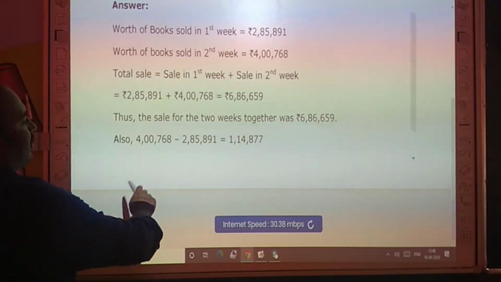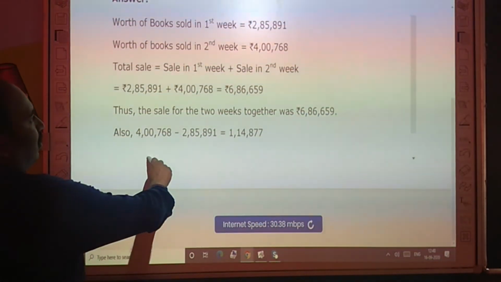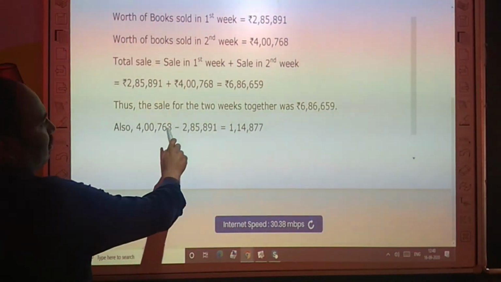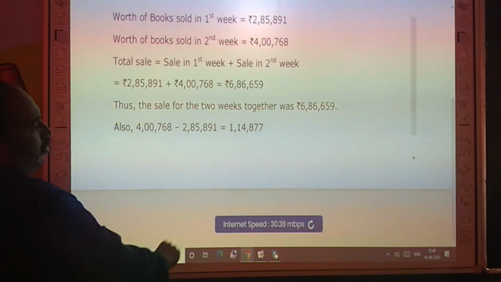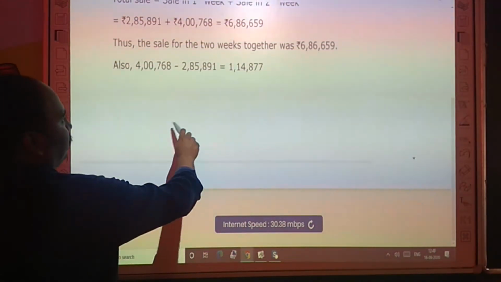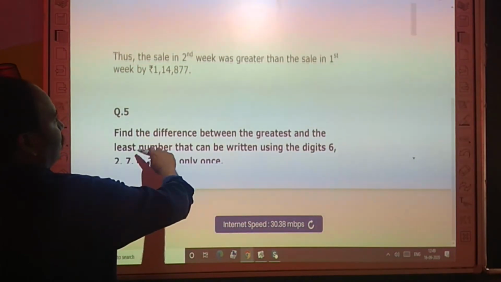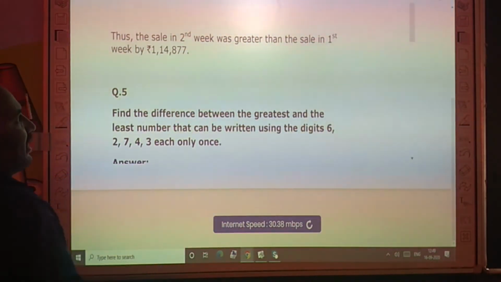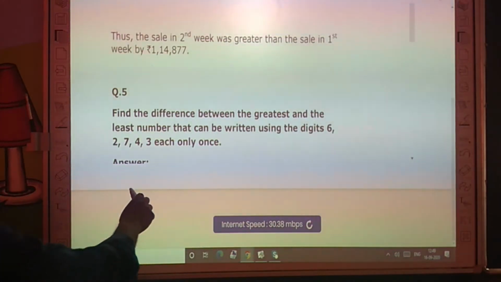So the difference is second week minus first week, which is 1,14,877. So the second week is greater than the first week's.